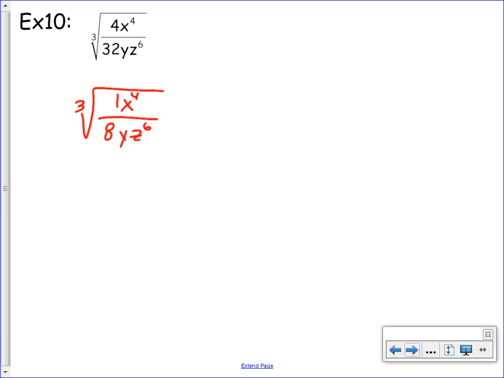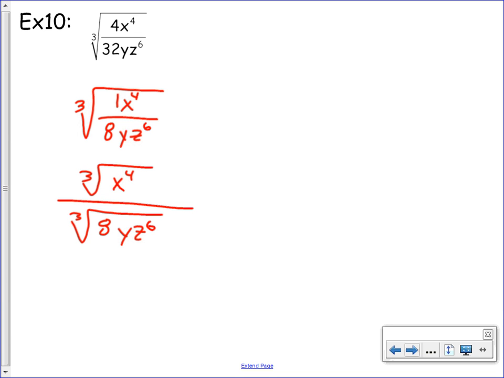If you want to split that up into 2 cube roots, you can. Basically, you're taking the cube root of x to the 4th at the top over the cube root of 8 y z to the 6th at the bottom.